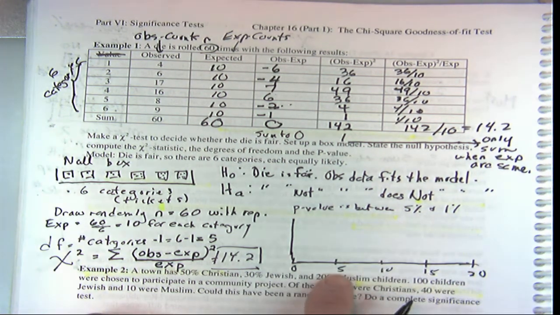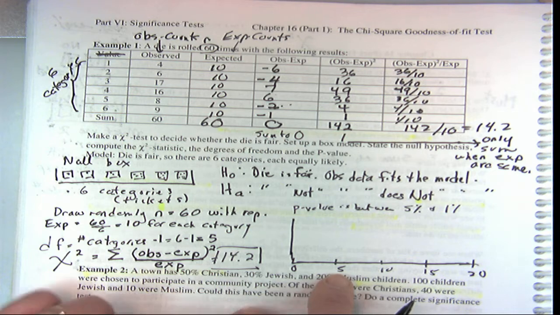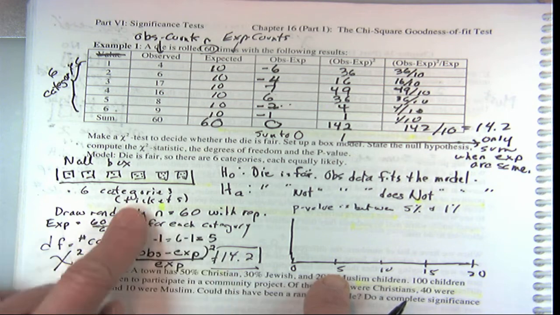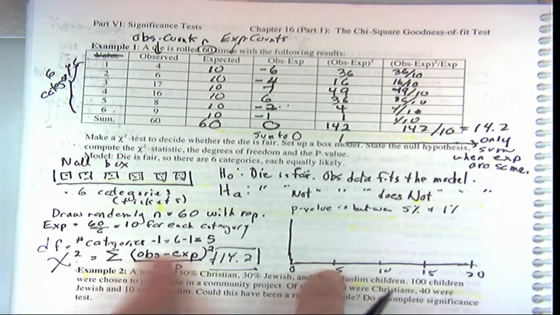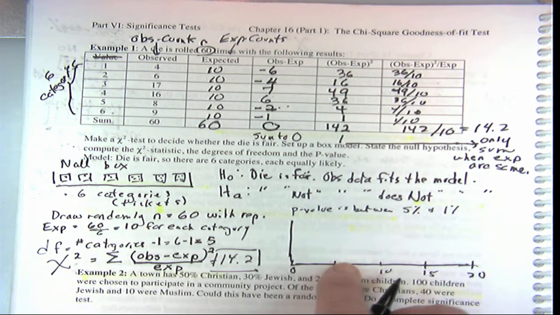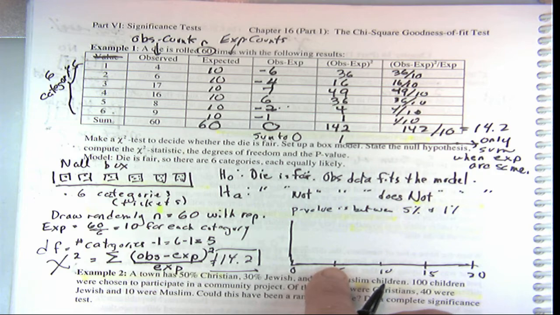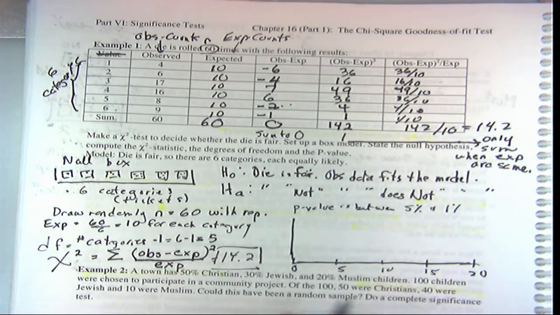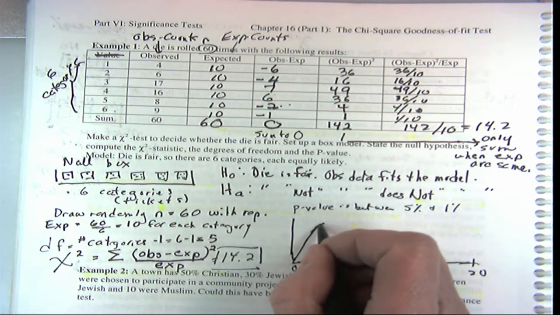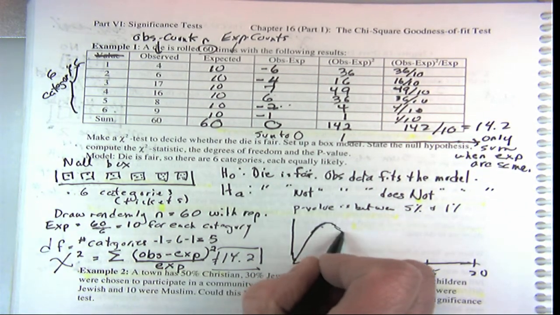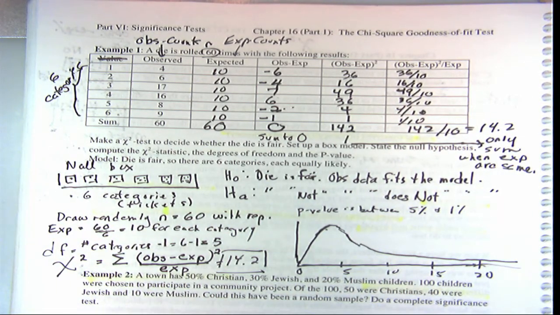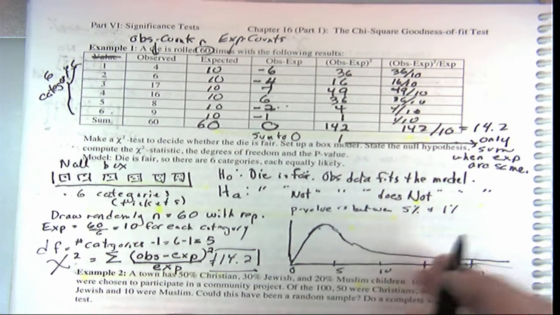The mean, the expected value of the chi-square distribution when the null is true, is its degrees of freedom, which is 5. If it was 10 degrees of freedom, it would be out here, etc. So we make it looking like that, and then it goes down and keeps going forever. That's the chi-square distribution with 5 degrees of freedom.